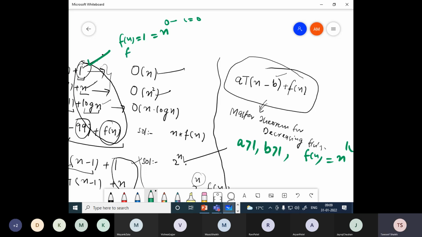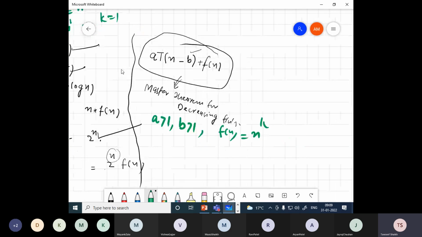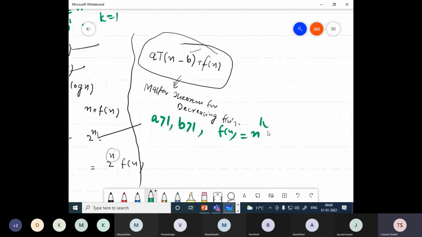In the second case, f of n is equal to n, which is n power 1, which means k is equal to 1. Similarly, any f of n could be represented as n power k. And we assume that k should be greater than or equal to 0, because it can be equal to 0 or greater, but not negative.